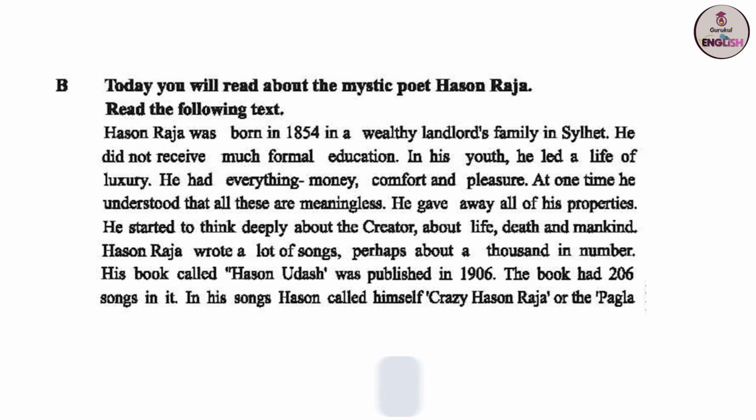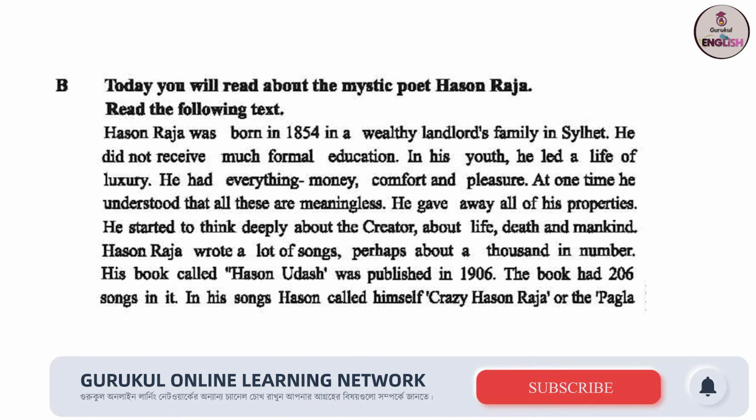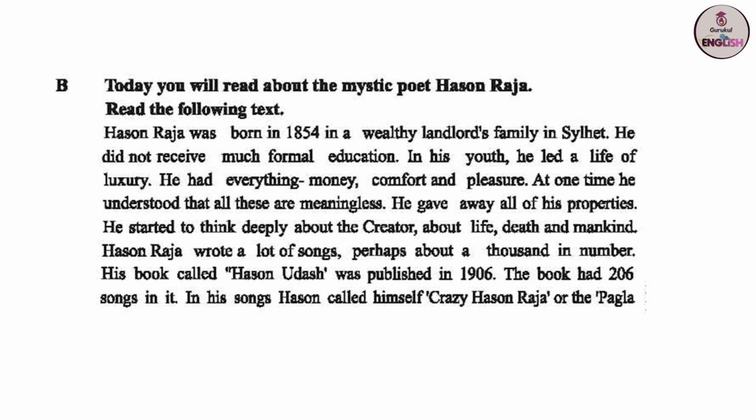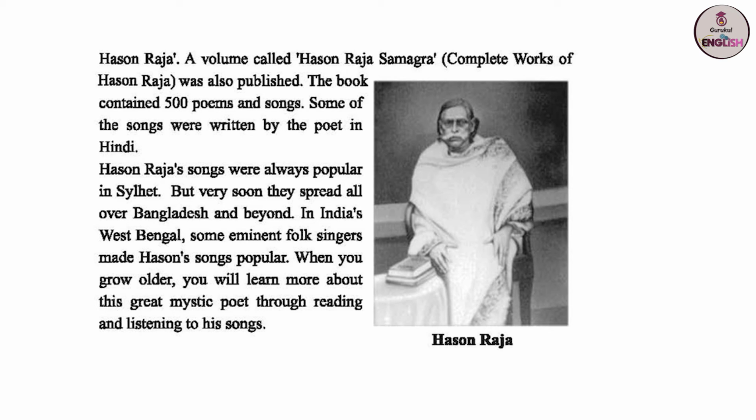In his songs, Hason called himself Crazy Hason Raja or the Pagla Hason Raja. A volume called Hason Raja Shamagra, Complete Works of Hason Raja, was published. The book contained 500 poems and songs. Some of the songs were written by the poet in Hindi.